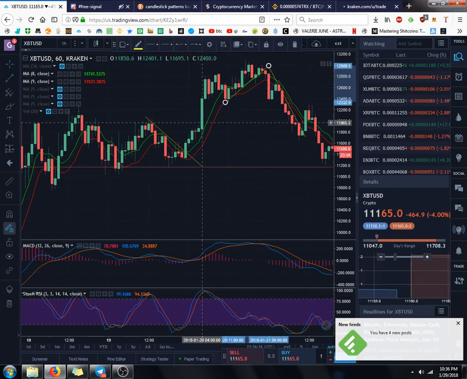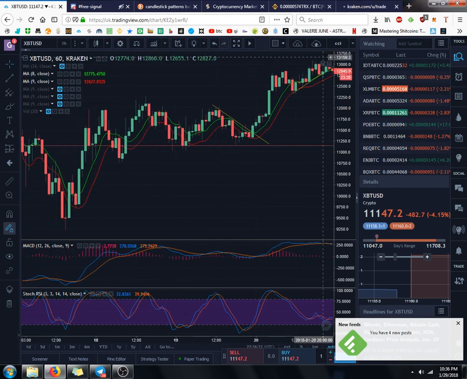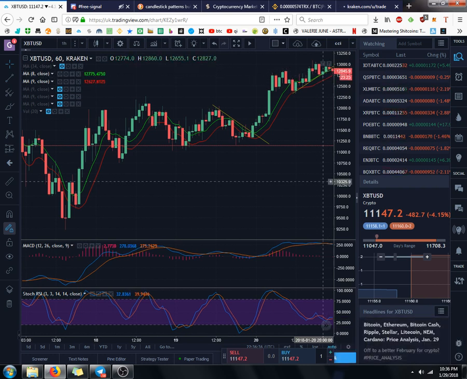You can see here in real time that the red candle has broken through the line, it's broken through the green. It's not overbought, sorry, not oversold, but it's still going down.